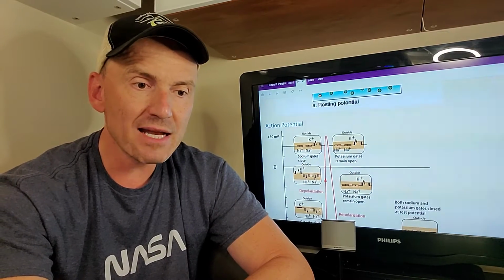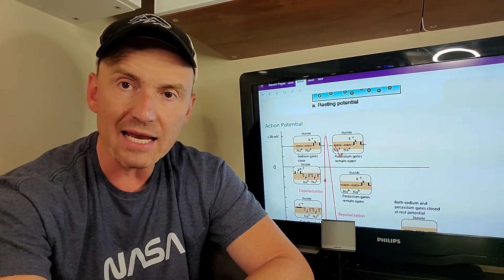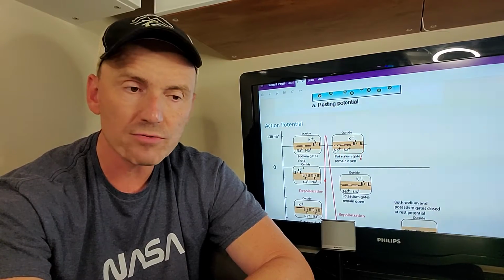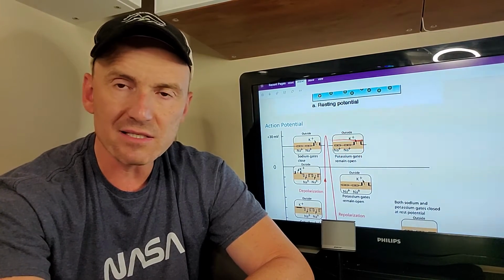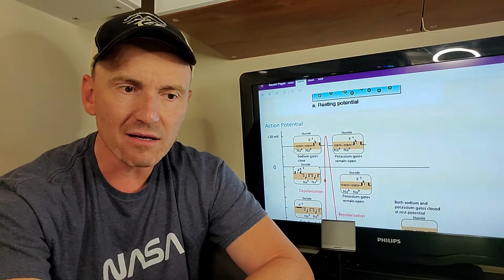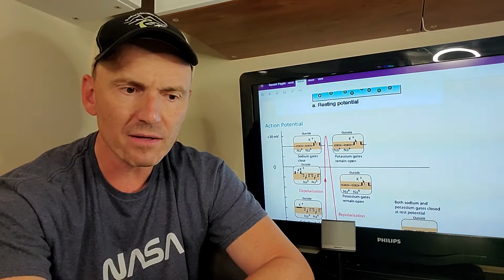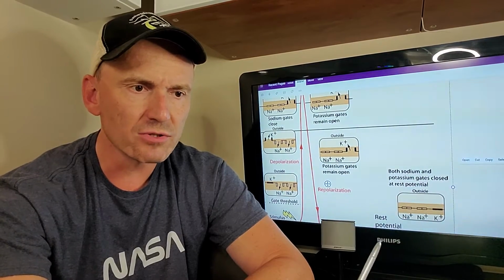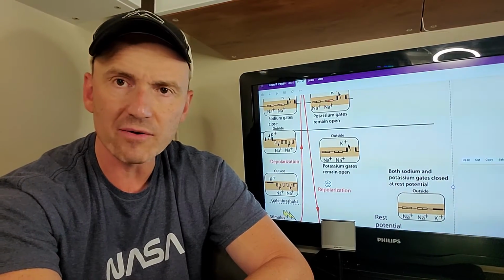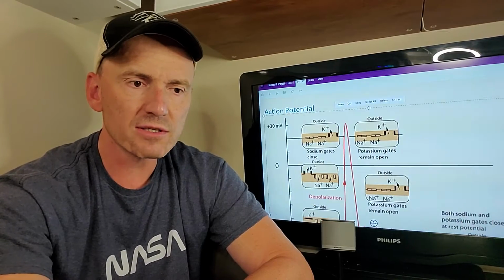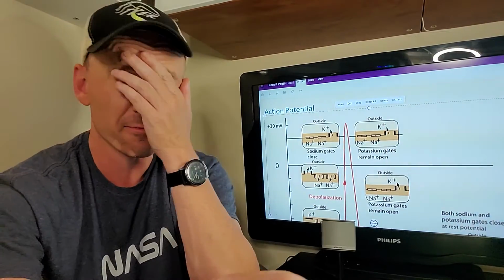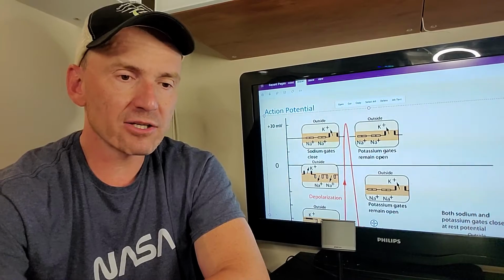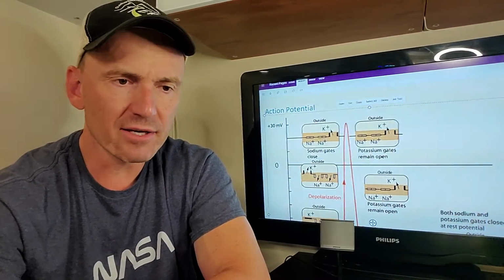And what happens now, so now positive charges are heading out. The sodium is still in here. I mean, when did these sodium gates close? So the sodium gates have closed. Basically, we've switched. We've closed the sodium gates and we've opened the potassium gates. So sodium gates are closed, potassium gates, and here's outside, inside.